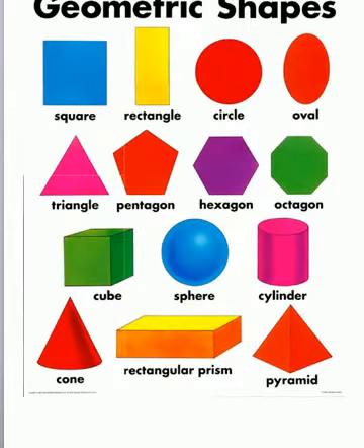Observe this one. Here geometrical shapes are given. These are square, rectangle, circle, oval shape, triangular shape, pentagon, hexagon, octagon, cube, sphere, cylinder, cone, rectangular prism, pyramid.